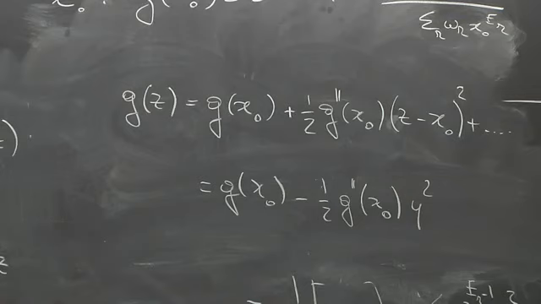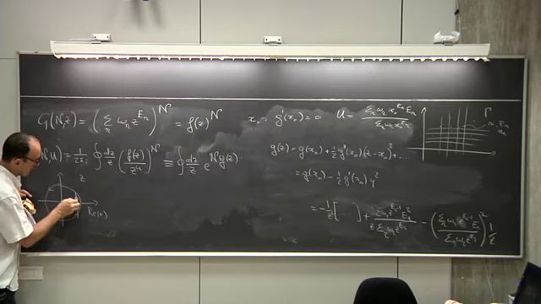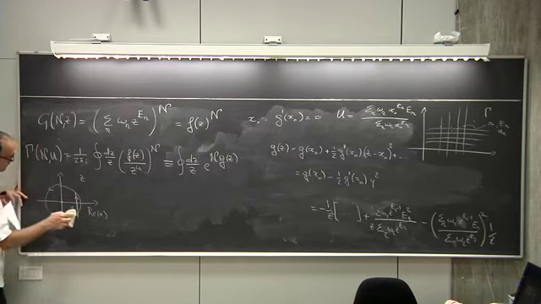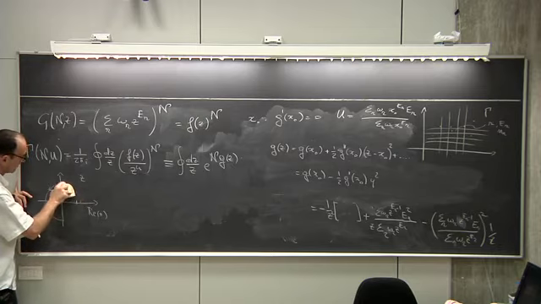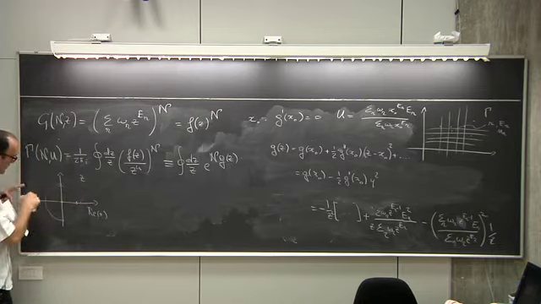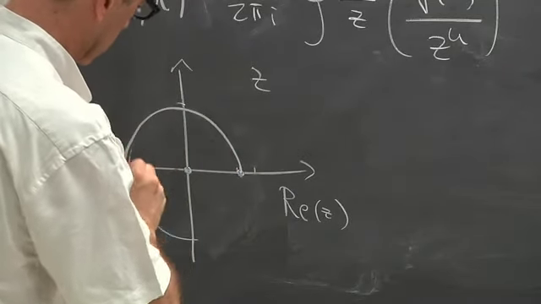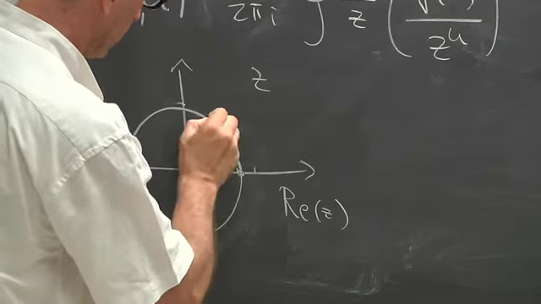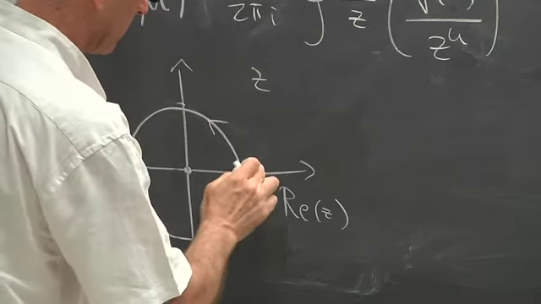Which means that in order to compute this integral, what I can do is compute it on a circle of radius x naught. So I will compute this integral on this contour, where this is the point x naught.